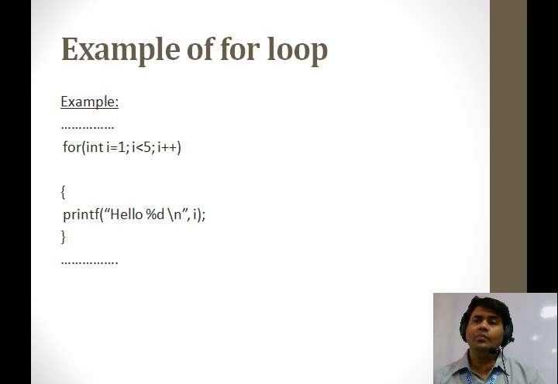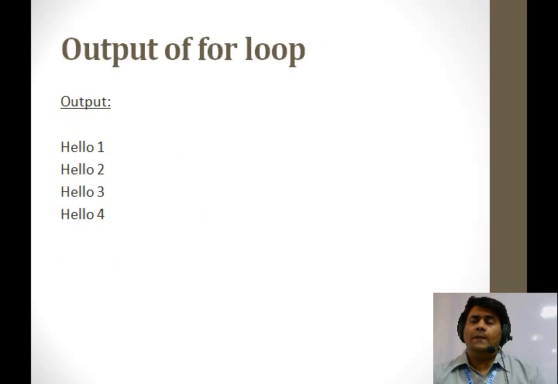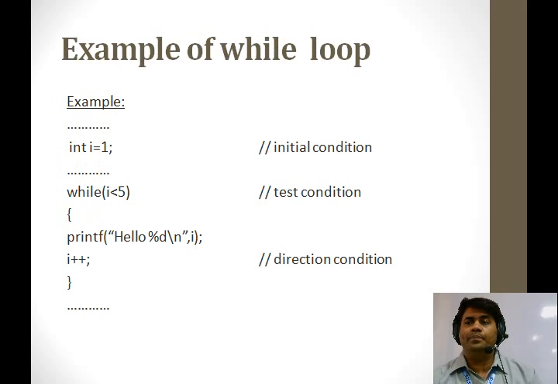So you'll get this sort of output: hello 1, hello 2, hello 3 and hello 4. It will not print hello 5 because when i became 5, the loop condition was not satisfied.